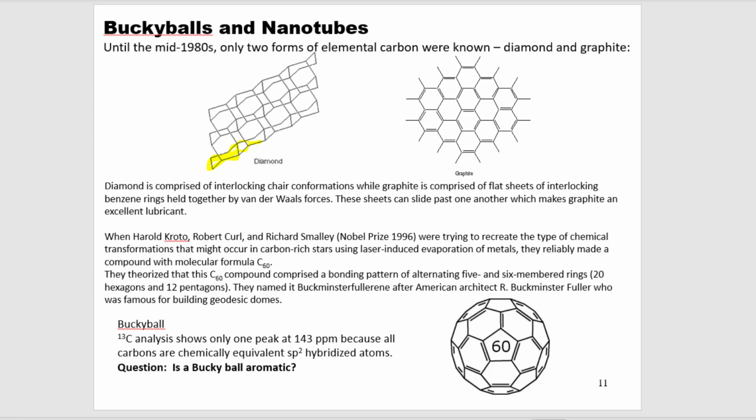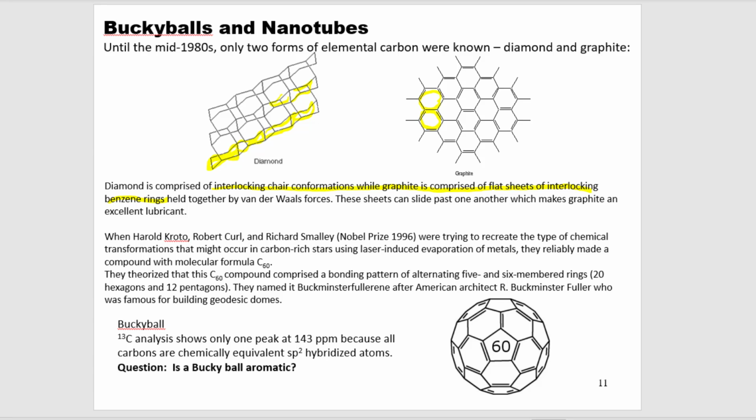Look at those cyclohexane chairs, all just bonded to one another. So it's interlocking chair conformations, while graphite is flat sheets of interlocking benzene rings, all sharing the double bonds. So that's diamond and graphite.